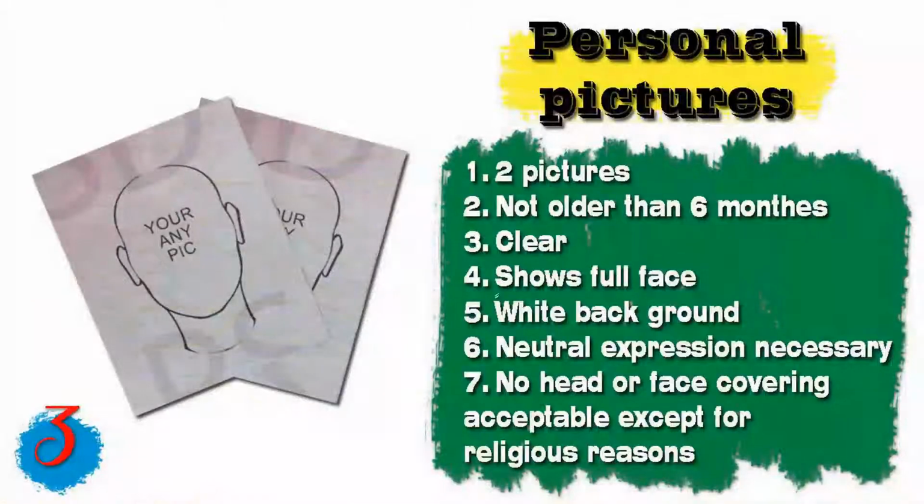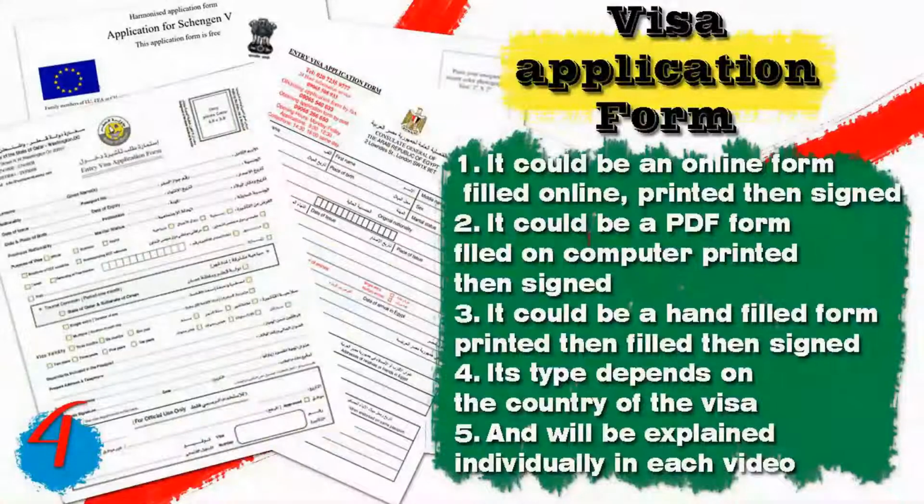Number 3, you will need personal pictures. For the personal picture, you will need 2 pictures, not older than 6 months, clear, shows full face, with white background, and shows neutral expressions. No head or face covering accepted except for religious reasons. Number 4, you will need visa application forms. For the visa application form, it could be an online form filled online, printed, then signed.